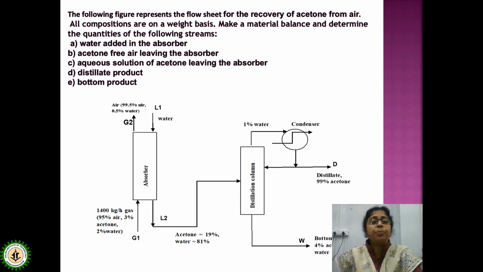The outlet gas stream is denoted by G2. Composition is 99.5% air and 0.5% water. That means here acetone is totally driven out. No more acetone is present in the exit gas stream G2.